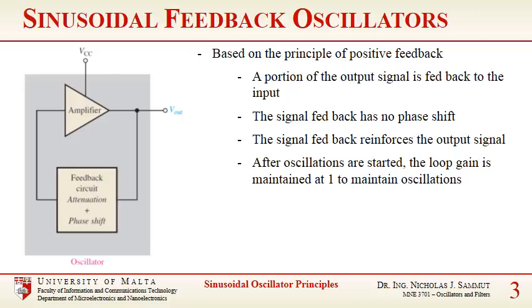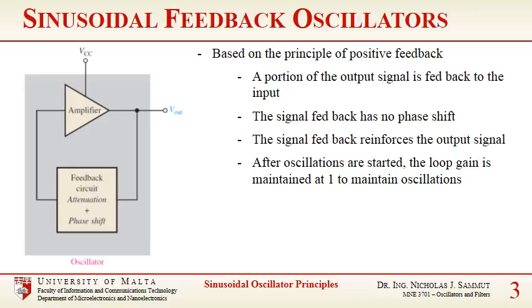Therefore, after the oscillations are started, the loop gain has to, however, be maintained to 1 to maintain oscillations. Otherwise, if it is larger than 1, the output signal will continue to increase and increase and increase until you get to your power supply limit, and you would not have the type of oscillations that you require.